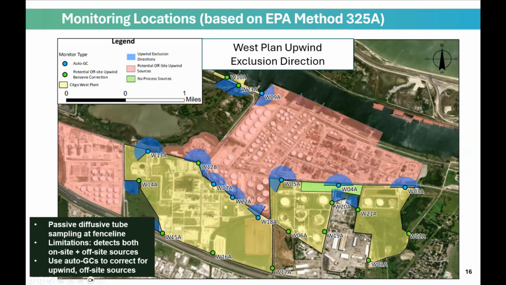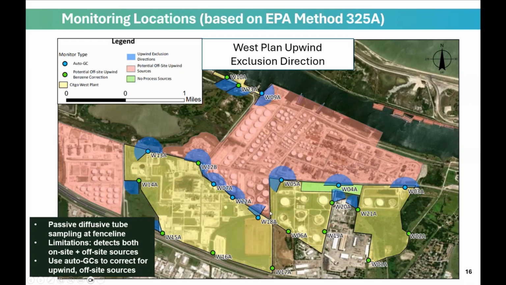Each of the dots on this map represents a site where fenceline passive sampler monitoring was being done for benzene. And these locations monitor both on-site benzene and off-site benzene. So there is no ability to differentiate initially where the benzene was coming from in those calculations.